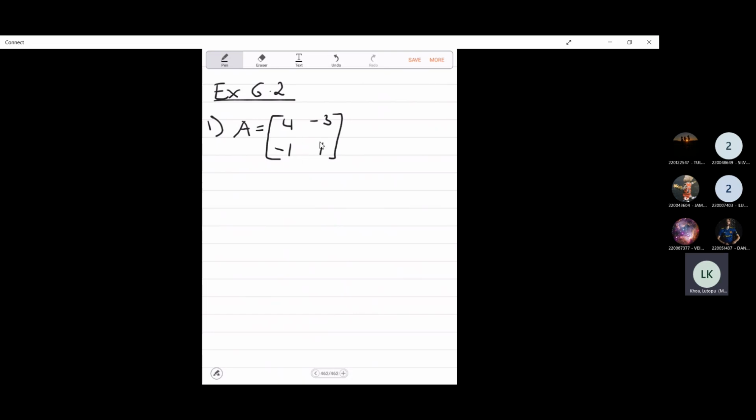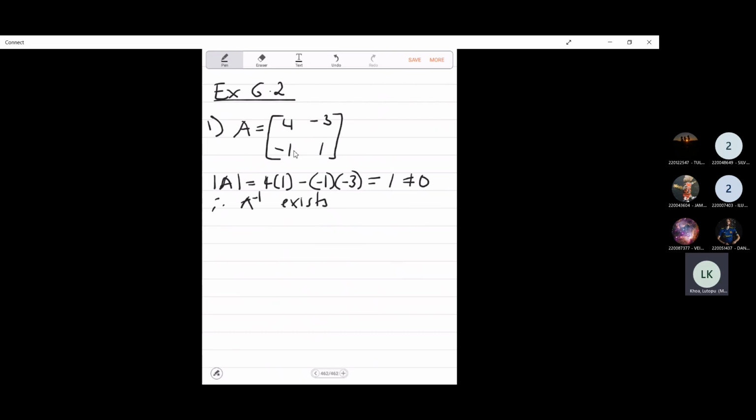You would first check the determinant, of course. So our determinant is 4 times 1 minus 1 times minus 3. This is equal to 4 minus minus 3, which is 1, which is not 0, and therefore the inverse exists.